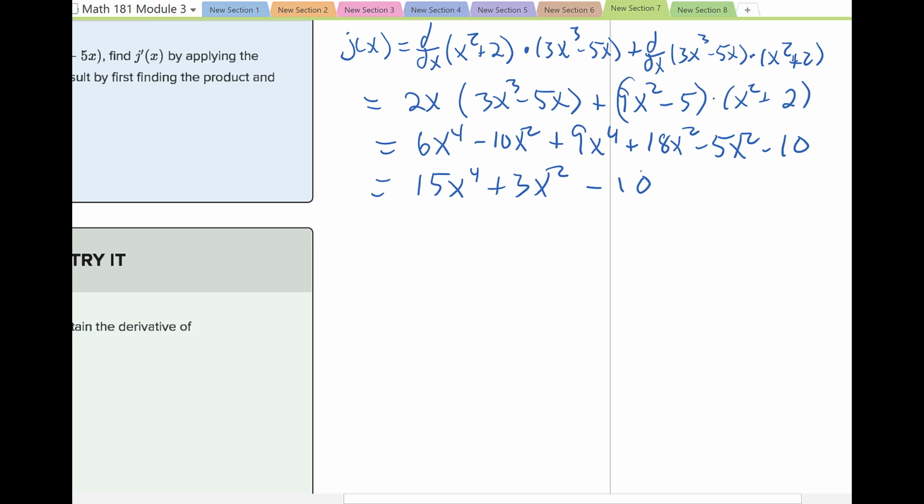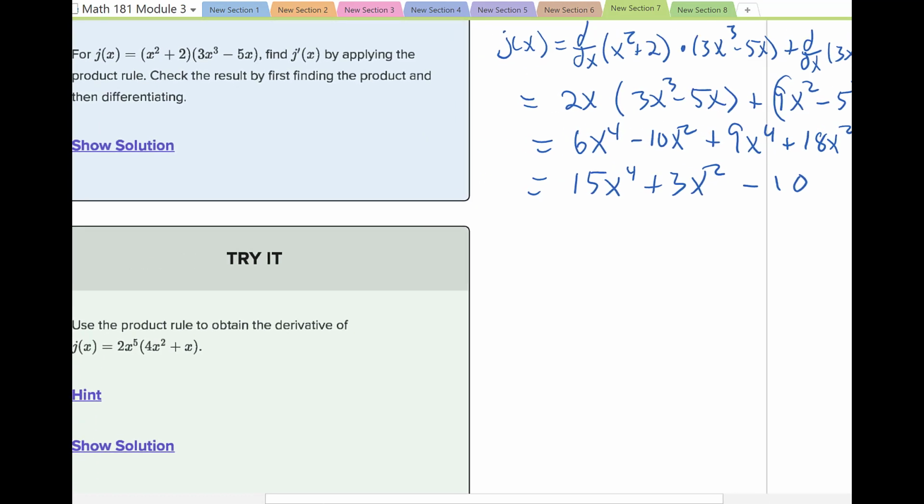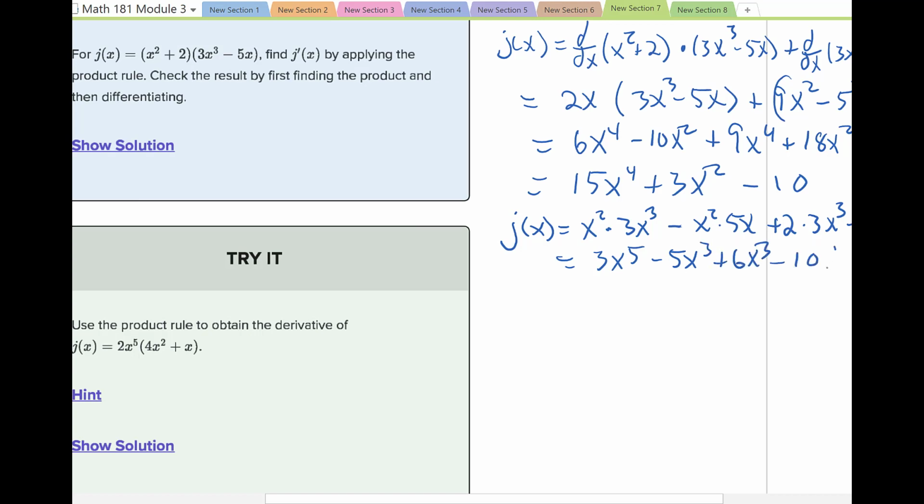Okay. Now let's try the other way, if we just multiply this out. So if I said my j of x was x squared times 3x cubed minus x squared times 5x plus 2 times 3x cubed minus 2 times 5x, we'd have 3x to the 5th minus 5x cubed plus 6x cubed minus 10x.